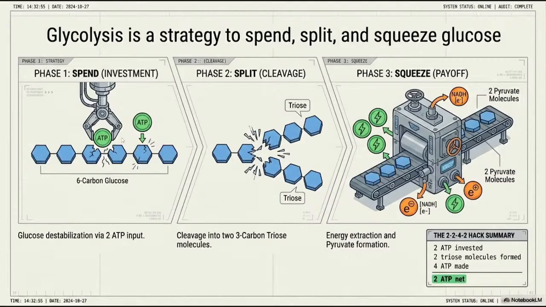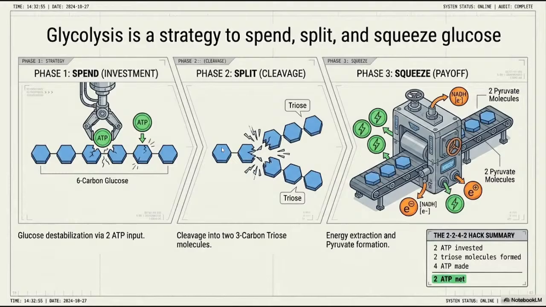So this is glucose destabilization via 2 ATP input. This is the level where the cell will invest 2 ATP, and immediately after investing, it will split the 6 carbon compound. You can see it here. The 6 carbon compound will be split into 3 carbon triose molecules.